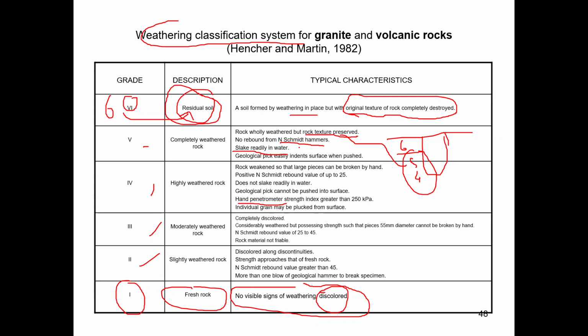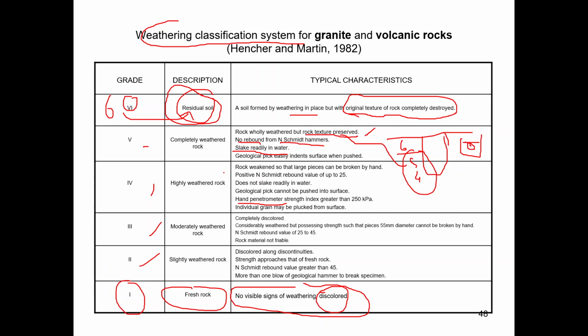For grade number 5, the rock texture can still be preserved, but the rebound hammer value is 0, and this material readily slakes in water. This means that if you put this sample in a jar of water, the soil will dissolve in water.